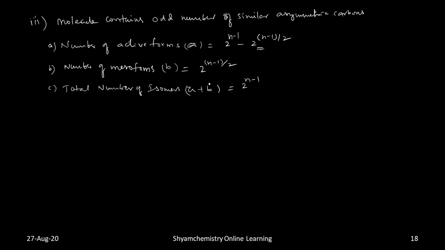Either you may combine or calculate directly from this equation. You will get the total number of isomers. Okay, let us take an example, then discuss.